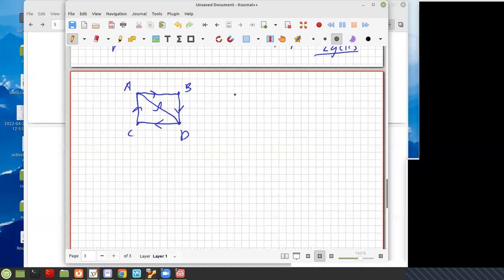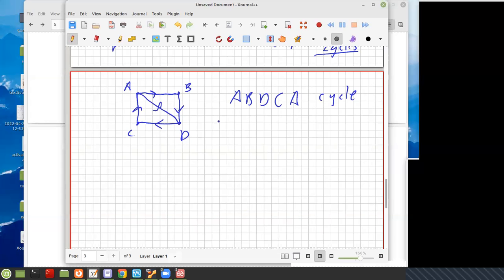So for example here, A, B, D, C, A, B, D, C, A is a cycle. It's not a simple path because it has a repeated node, but it is a cycle.